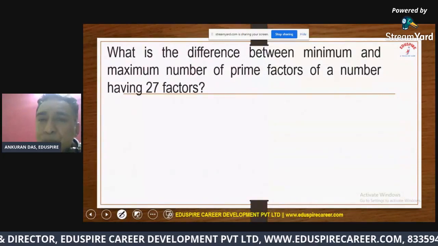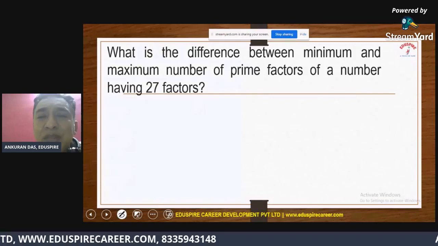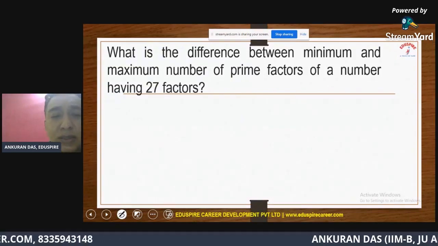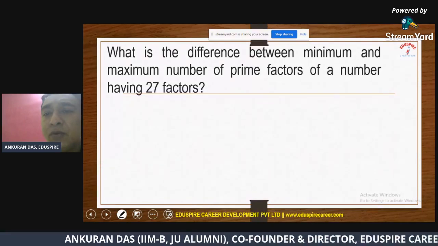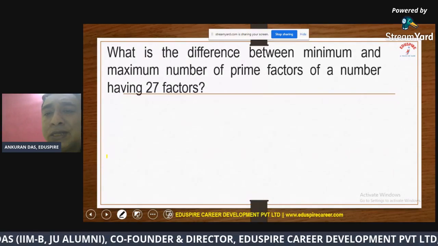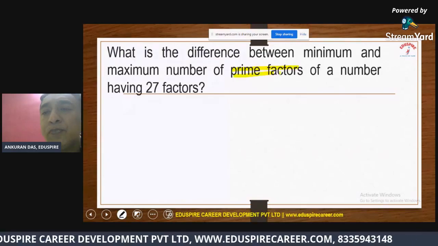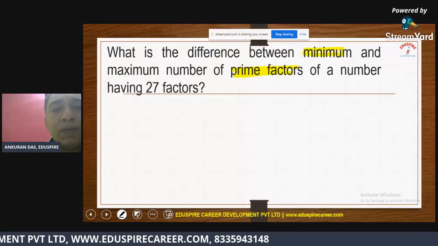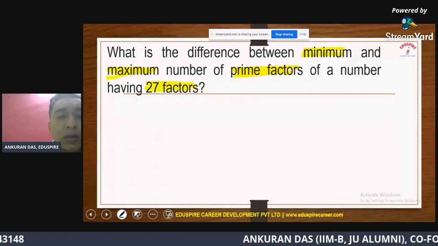So over here, what does it mean when they say the maximum and minimum number of prime factors? So they have said a few things which are important for you to understand. One is they have talked about prime factors. They are talking about the minimum and the maximum, and they want you to find one number which will have 27 factors. Now this is most important.